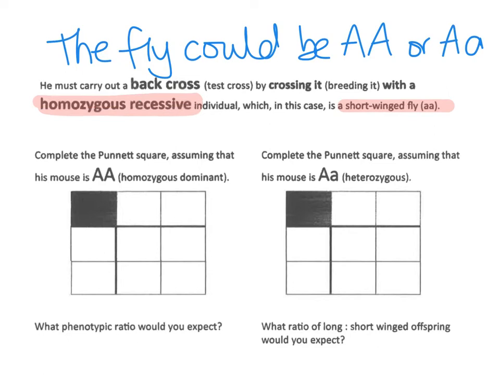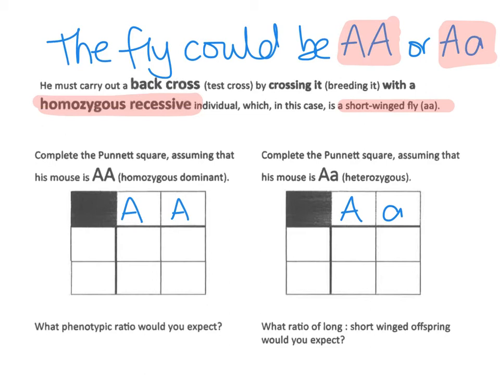So we've got two possibilities here, big A, big A, or big A, little a. So we're going to work out the two possible crosses. On the left here, we're going to complete this Punnett square, assuming that his fly is big A, big A. And on the one over here, we're going to make the other assumption, big A, little a.